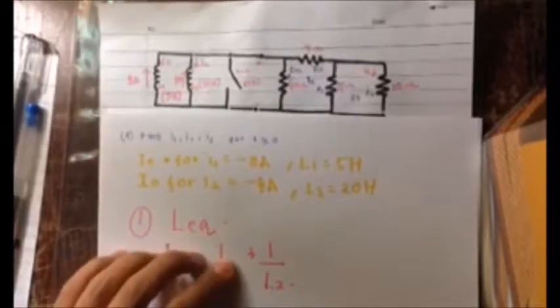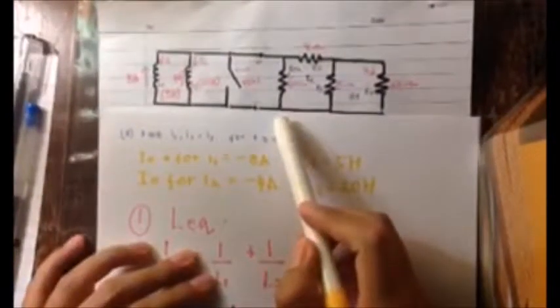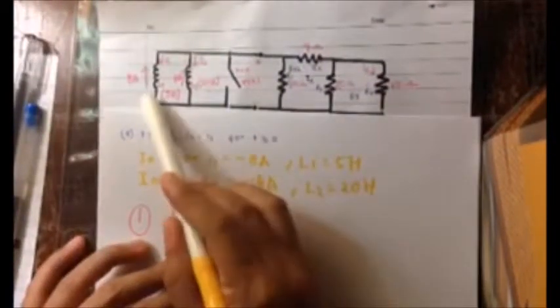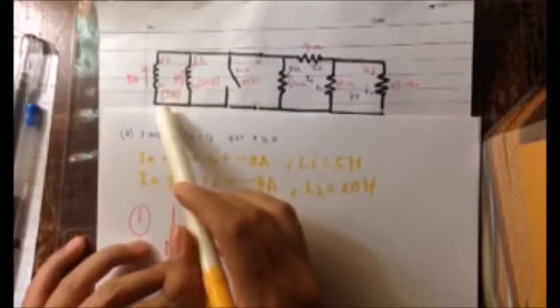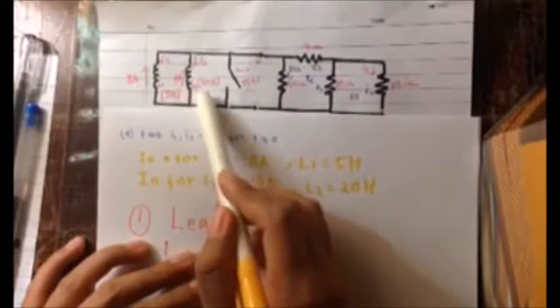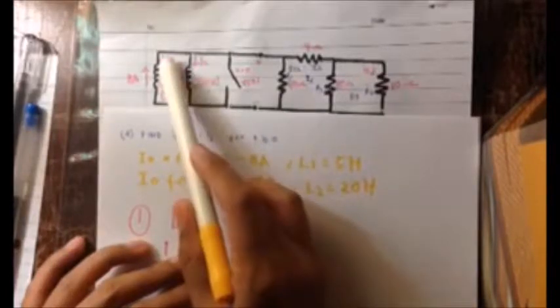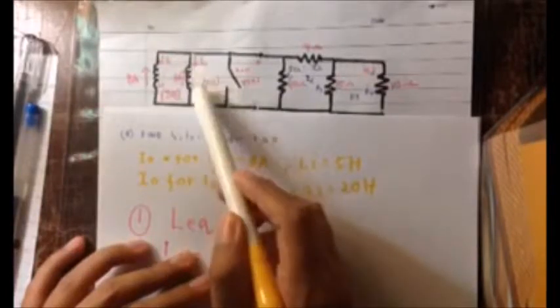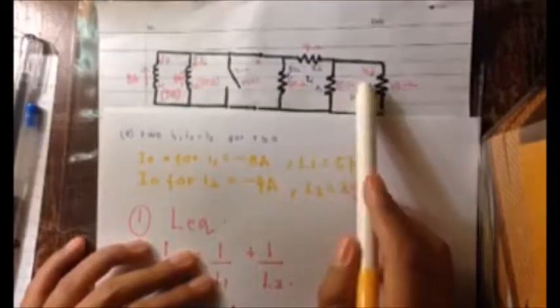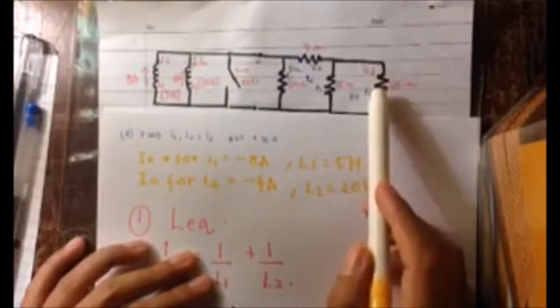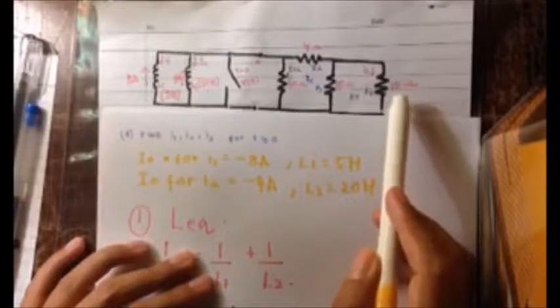This circuit is called the RL circuit, which has parallel inductors L1 and L2. L1 is given as 5 Henry and L2 is 20 Henry. The current flowing through L1 is I1, through L2 is I2, and I3 flows through the resistance of 10 ohm.